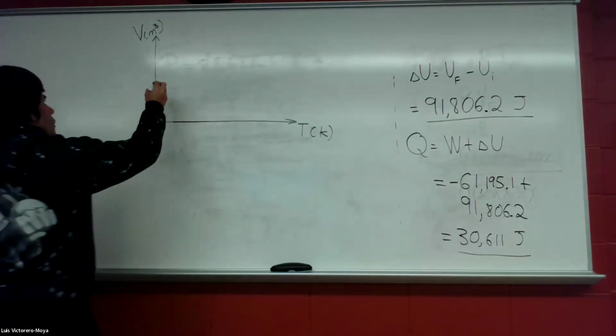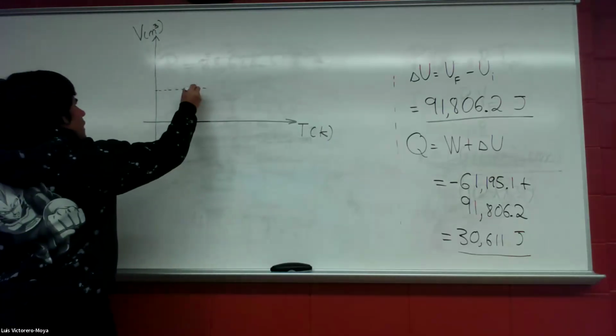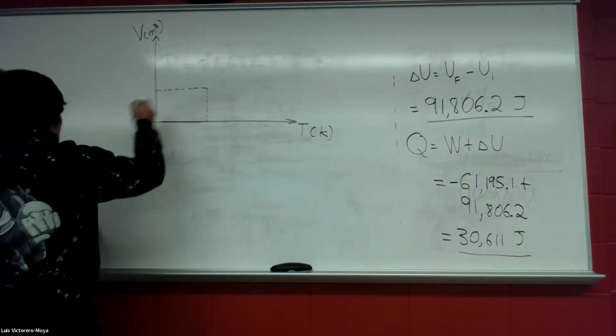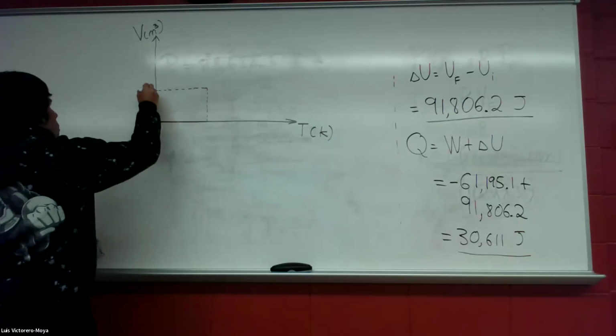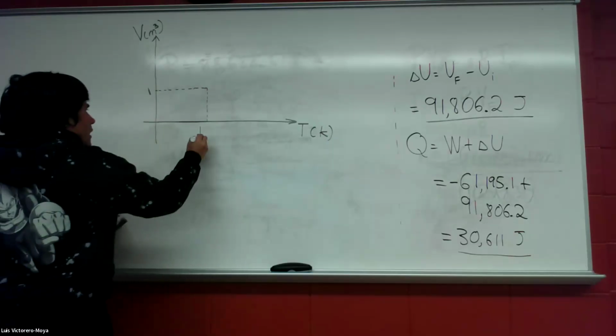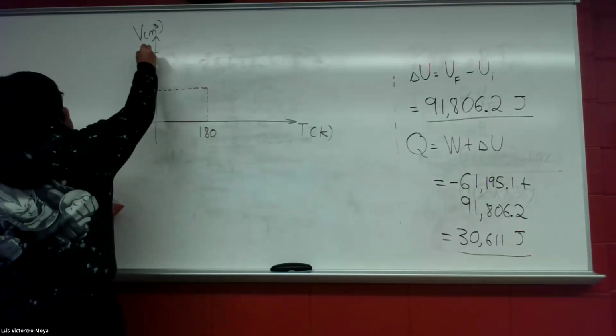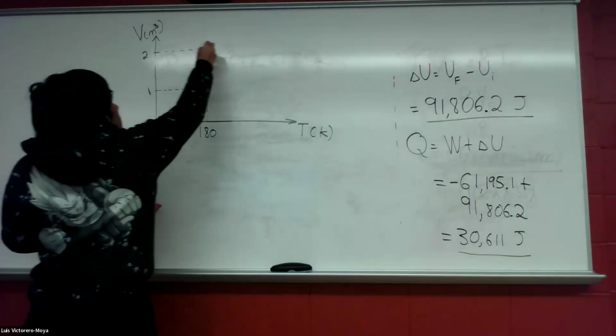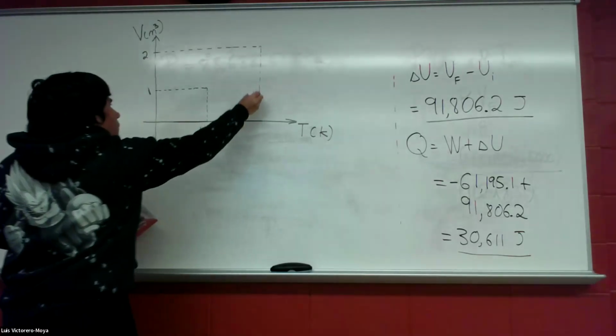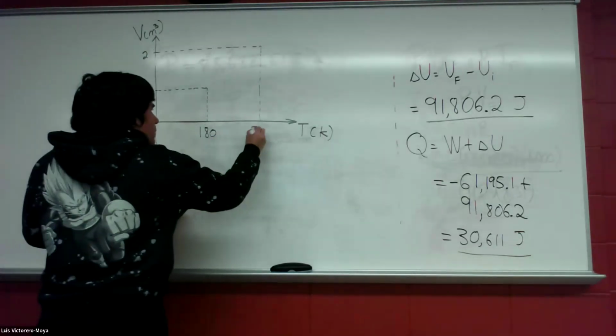And they give you an initial state, 180 kelvins, and then 2 meter cube, 360.